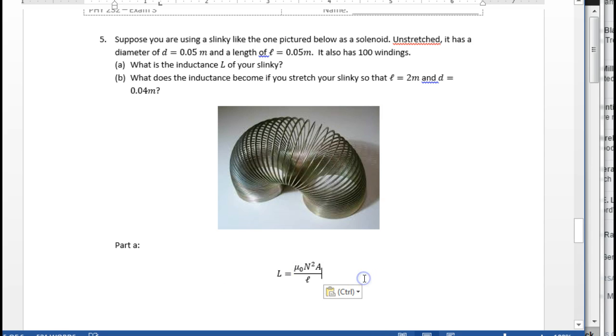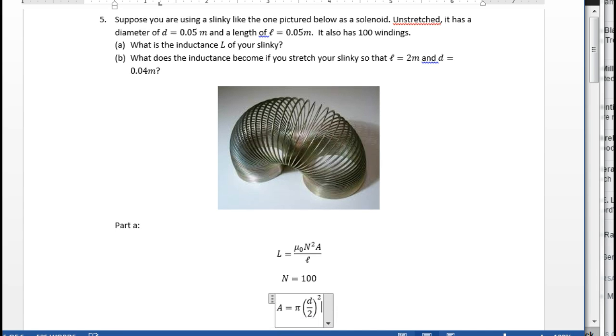All right, so in this, mu naught, of course, is just the permeability of free space. N is 100. A is pi r squared. So we're given the diameter, so we have to divide by 2 squared, right?